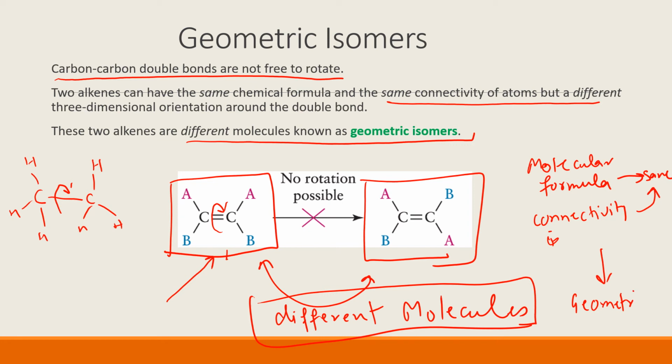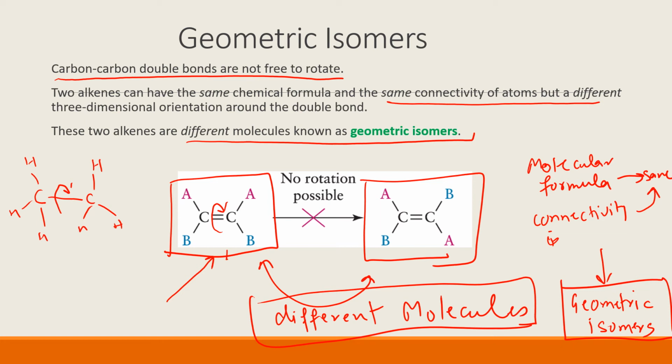Why they are called geometric isomer? Because their three-dimensional orientation or geometry is different. That's why they are known as geometric isomers.